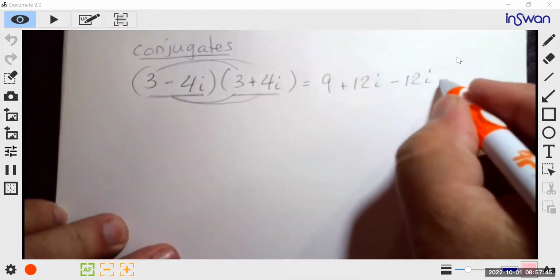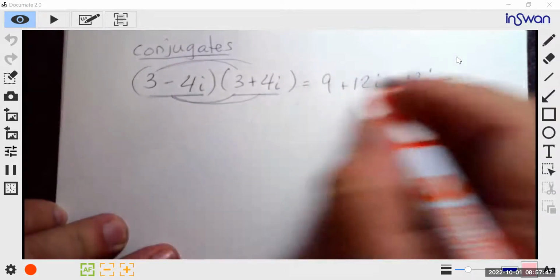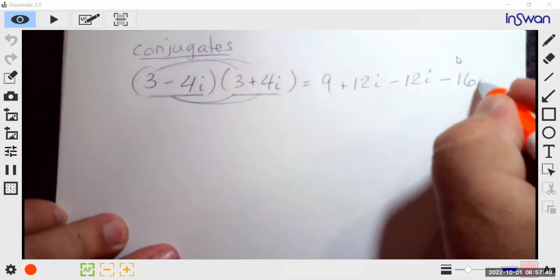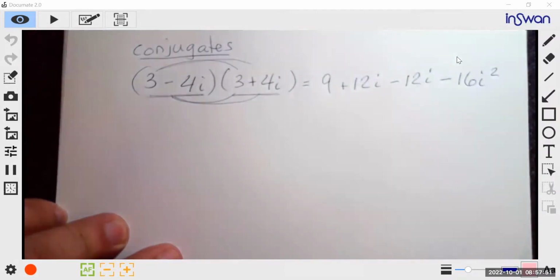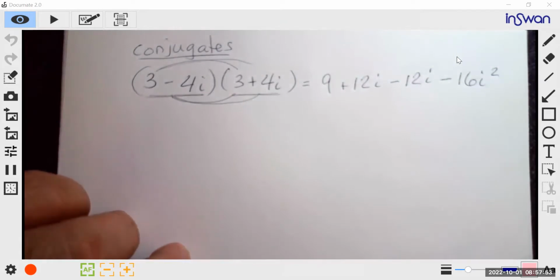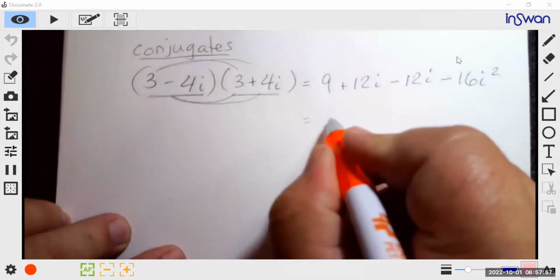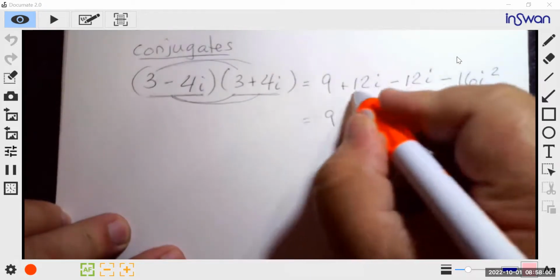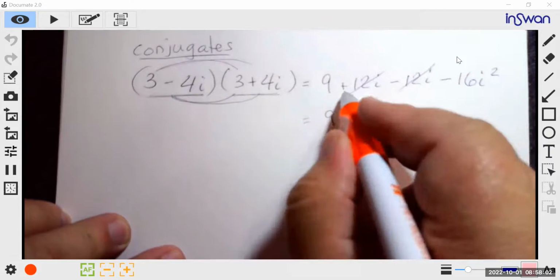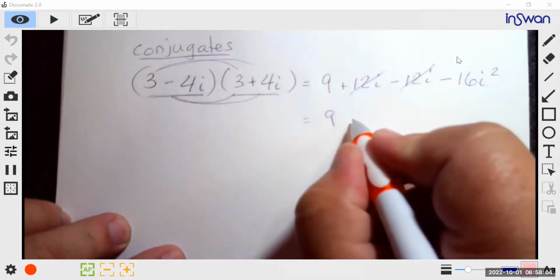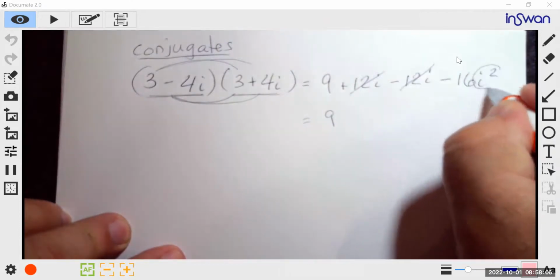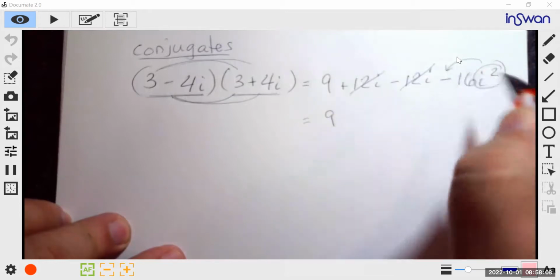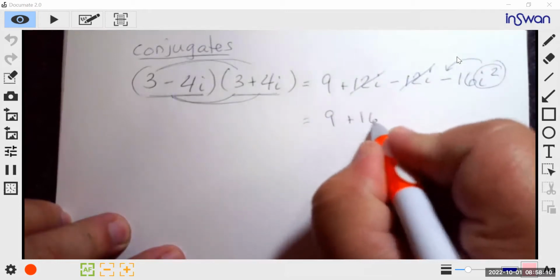Negative times positive is a negative. 4 times 4 is 16. I times I is I squared. Middle, they're same numbers, different signs. The I squared changes the sign in front of its coefficient, so it's plus 16.